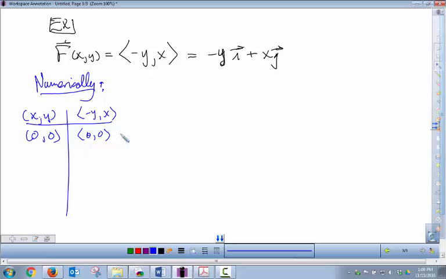It's a function, so there's an input, there's an output, and you can make a table. So more interesting, let's put 1, 0. And then that would give us an output where y is 0, so that's going to be negative 0. And then x is the second component, that'll give you 1.